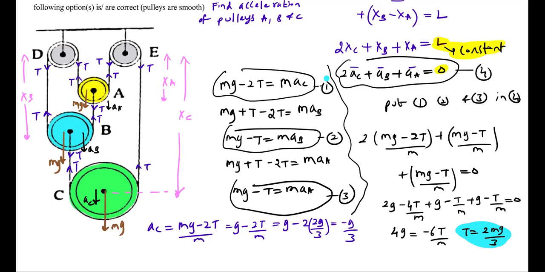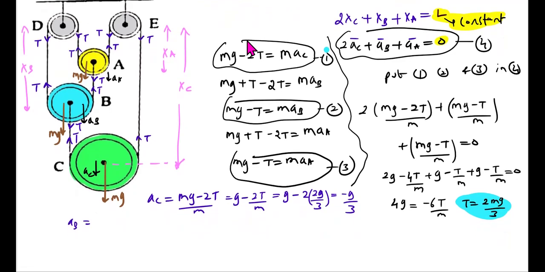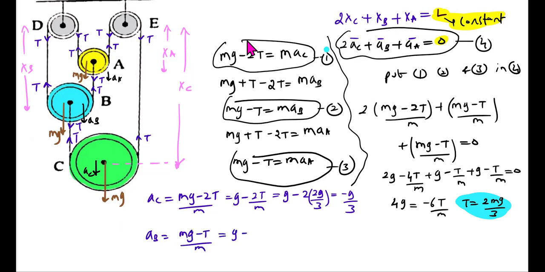Acceleration of block B. We assumed the acceleration of block B downward, and we got positive. In fact, it will move downward.